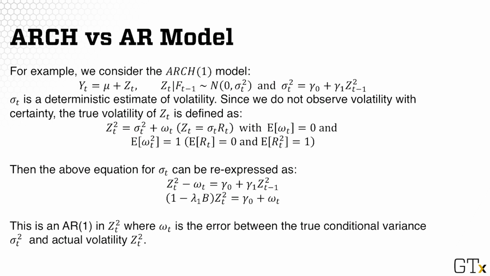Together, this leads to the AR(1) equation for Z_t squared as provided on the slide. This equation is crucial in understanding how ARCH processes work. If Z_{t-1} has an unusually large absolute value, then sigma_t is larger than usual, and so Z_t is also expected to have an unusually large magnitude.